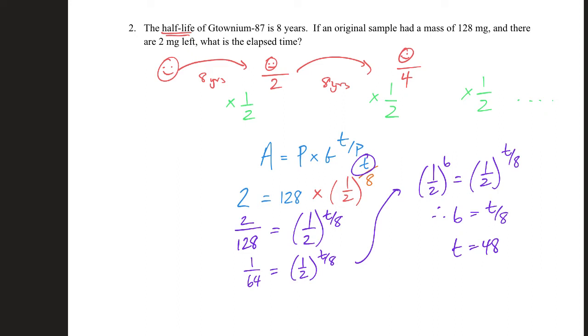You get down to that point, and the only thing I need you to do is put on your units. We discussed in the last problem that our exponent has to always be in the same units. As soon as we plugged an 8 in for our period, which is in years, that 48 must also represent years.